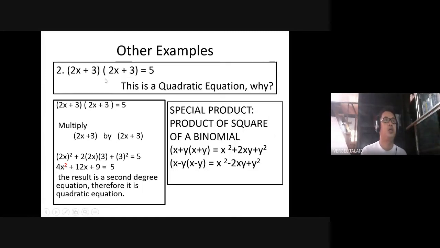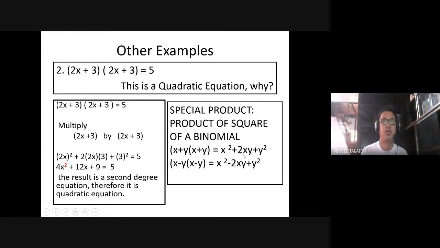Now, how about 2x plus 3 times 2x plus 3 is equal to 5? This is also a quadratic equation because if you are going to multiply 2x plus 3 by 2x plus 3, that is a square of a binomial. When you get the square of a binomial, we simply get the square of the first term.